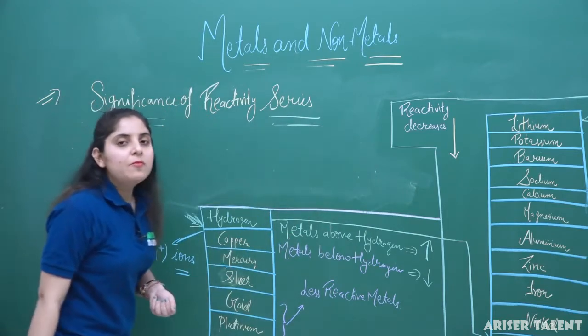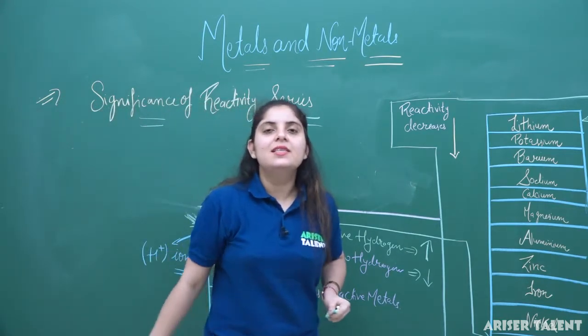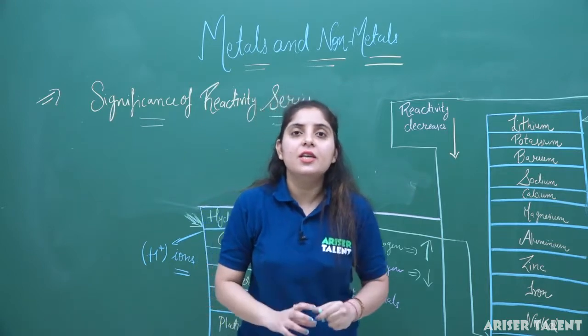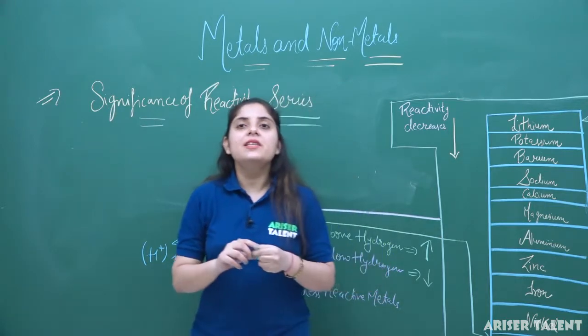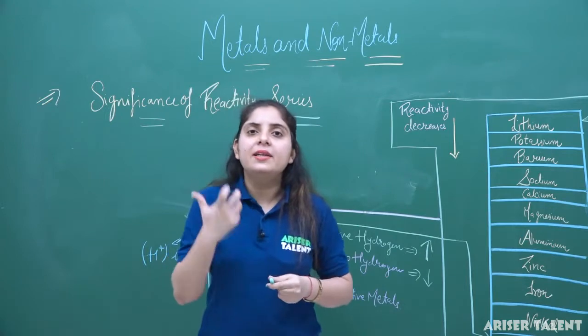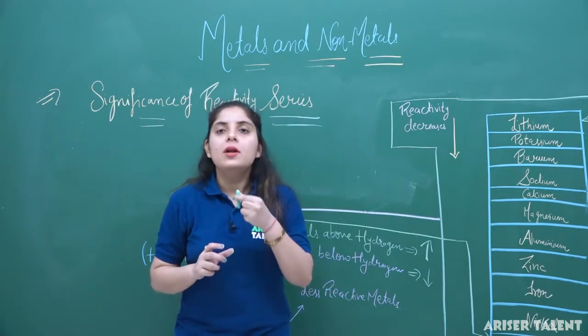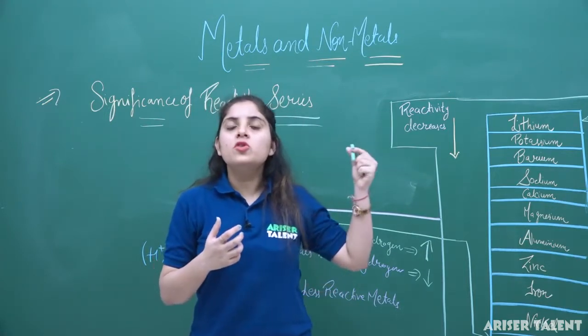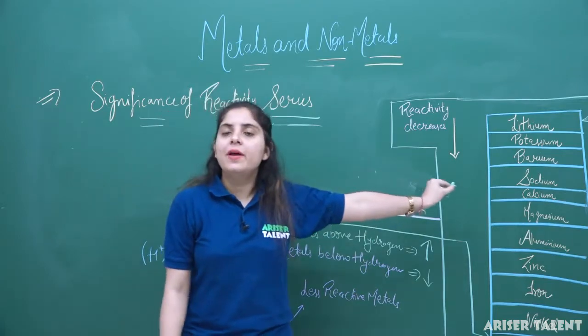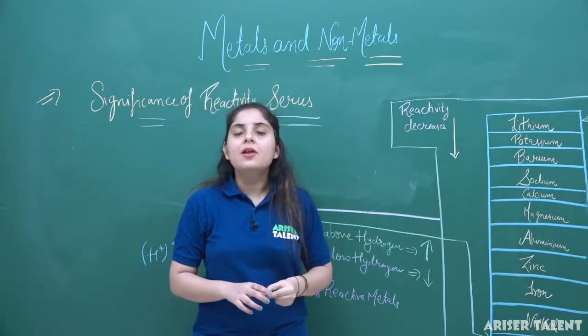Firstly, the first significance of the reactivity series is that metals are arranged in the decreasing order of their chemical reactivity. As we go from top to bottom, the tendency to lose electrons will decrease, because the topmost elements are electropositive and the bottom elements are not.